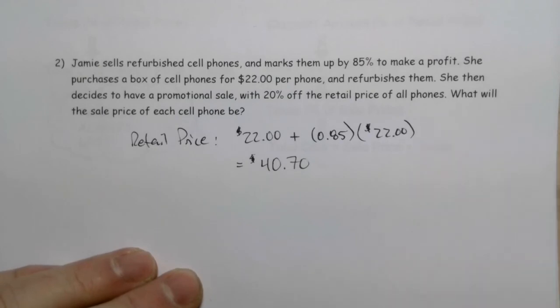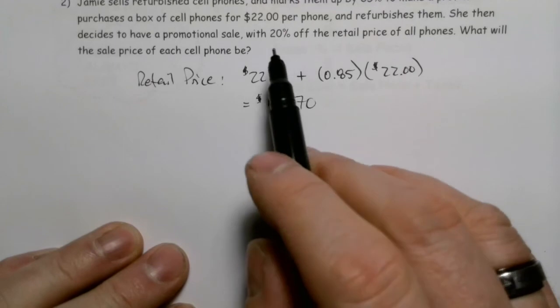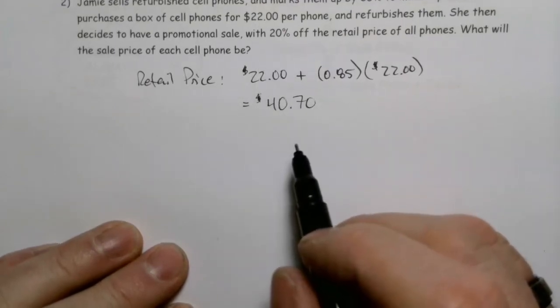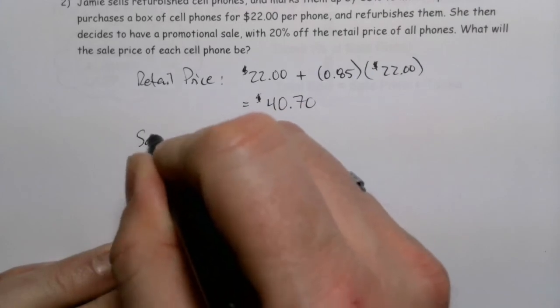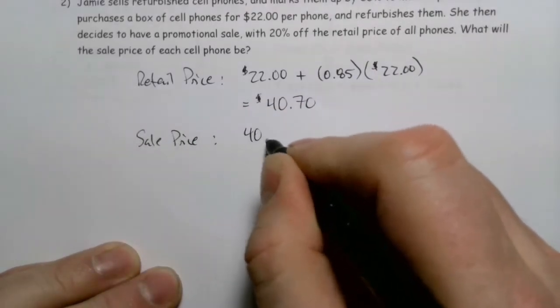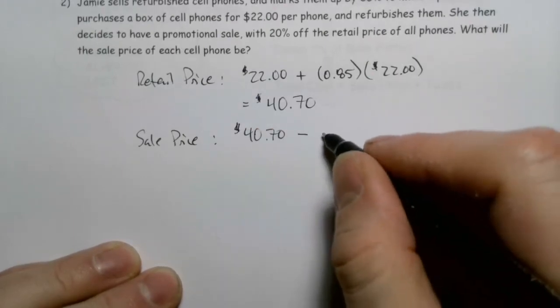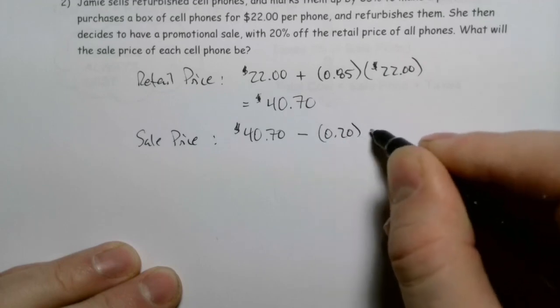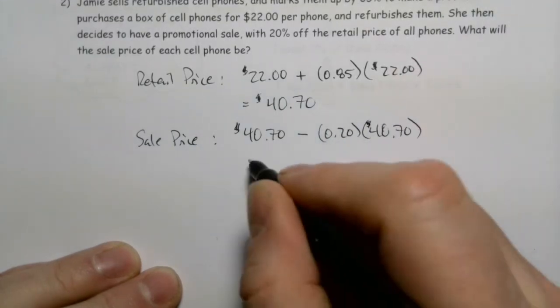Okay? Now, after that, she is going to have a sale where she knocks off 20% off the retail price. So the sale price is going to be her $40.70, and then we're going to subtract from that 20% of the $40.70.